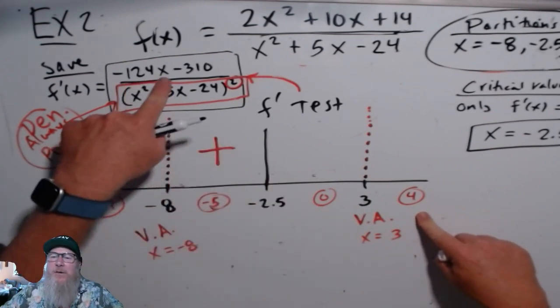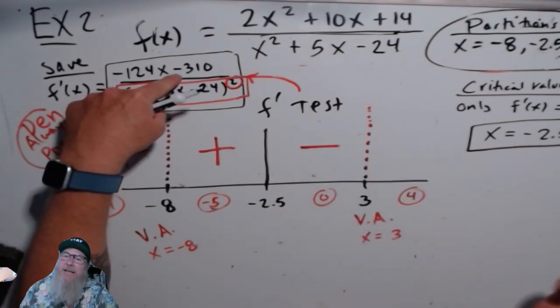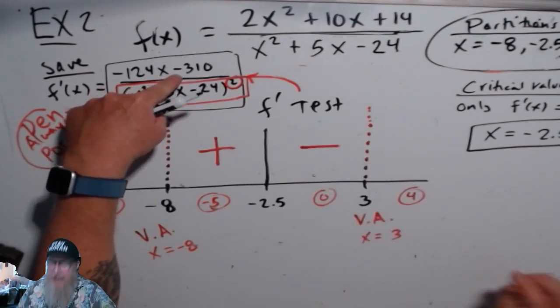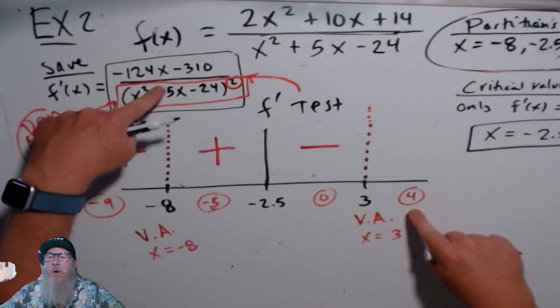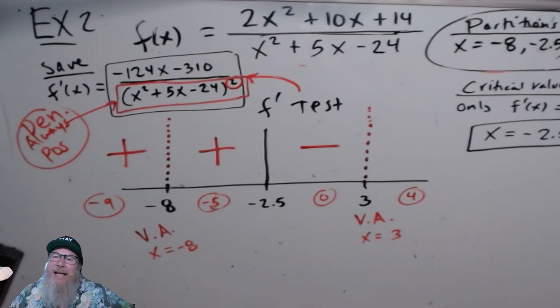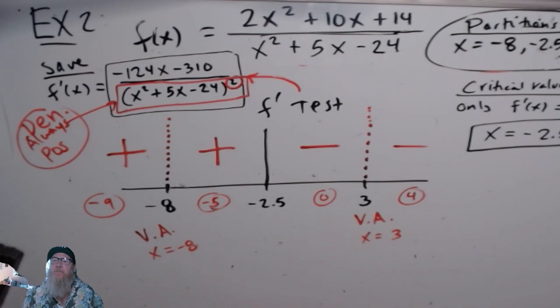Negative 124 times 0 is 0. And then you subtract 310. That's negative. And then the same thing here. Negative 124 times 4. It's like negative 500 or negative 4 something. I don't care what it is. It's negative. And then I'm subtracting 310, so it's still negative.